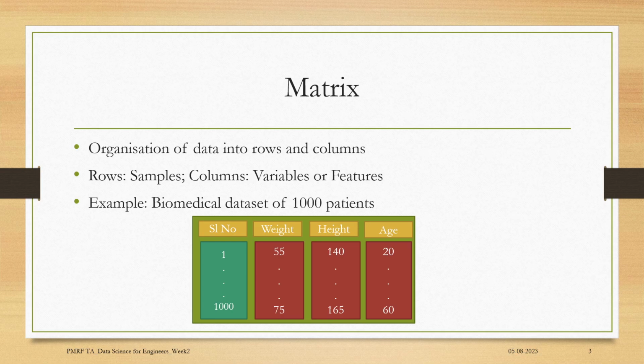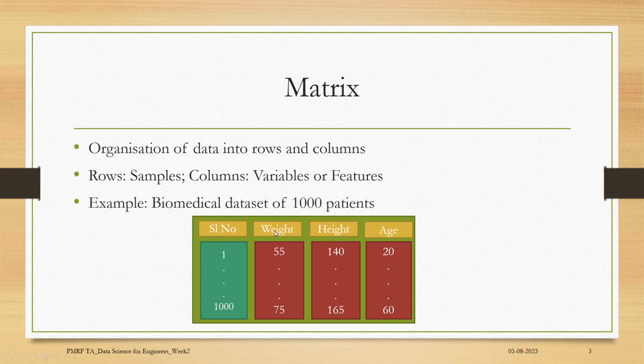For example, I have just given a biomedical data set of 1000 patients. In this particular biomedical data set, there is the serial number which gives you the number of subjects who were tested or from whom the data was collected. Then there is the weight, height, and age. These are the different features which were collected.